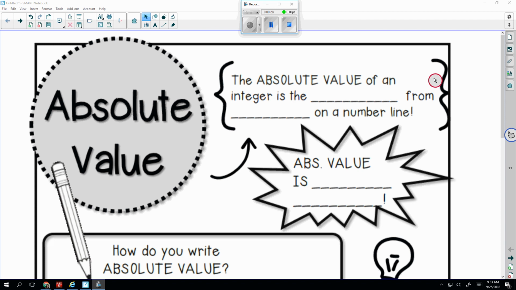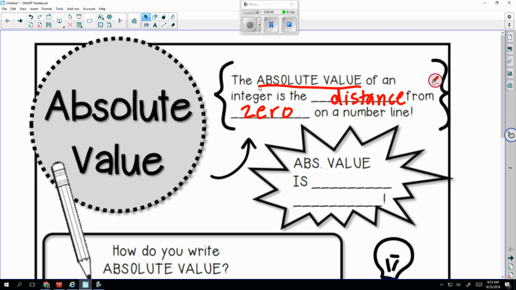It's going to look similar, but it's going to be a little different, all right? What you need to understand is that the absolute value of an integer is the distance from 0 on a number line.